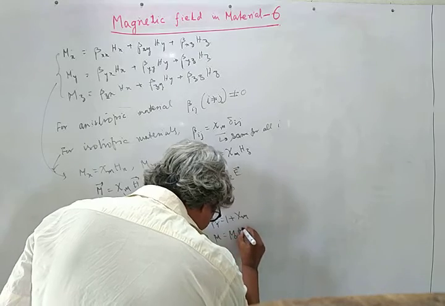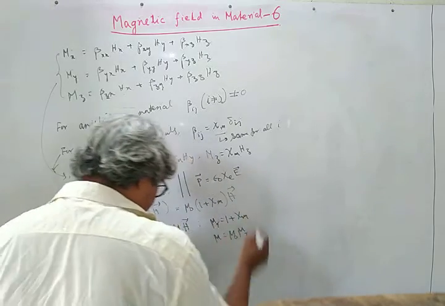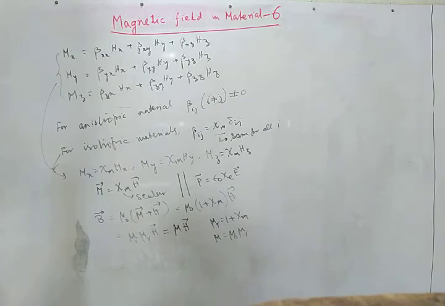Mu_r is a dimensionless quantity, but mu has a dimension. Well, this is the relation between M, H and B.